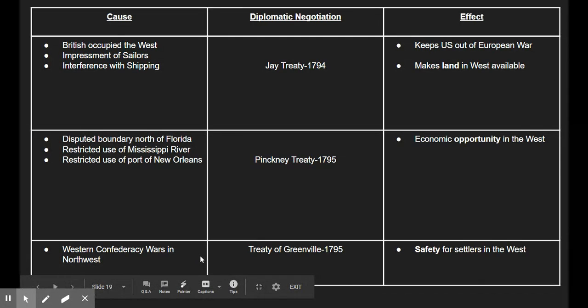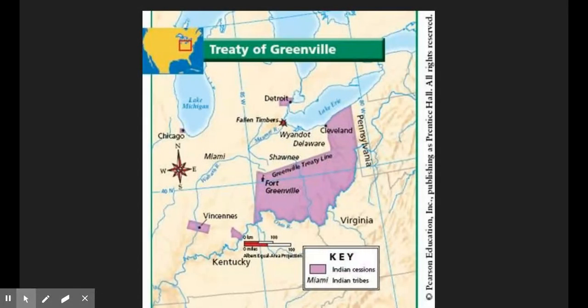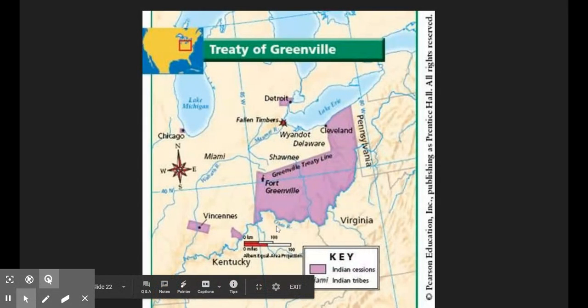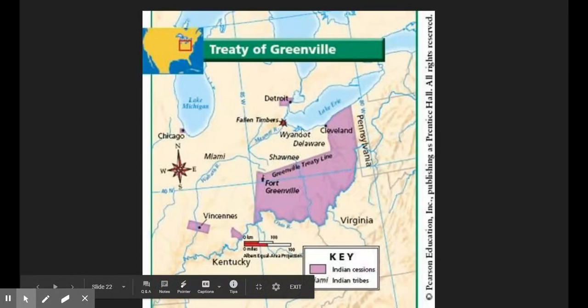And the final one is the Treaty of Grenville. The issue here was the Western Confederacy Wars out in the Northwest. Here we can see that illustrated. So there's that conflict of Fallen Timbers that we had mentioned previously. The result of this treaty ends some of the fighting here in our Northwest.